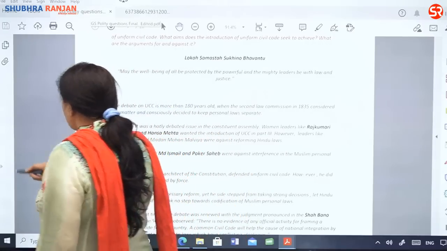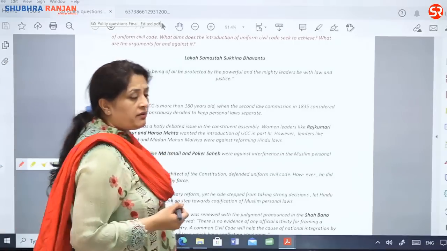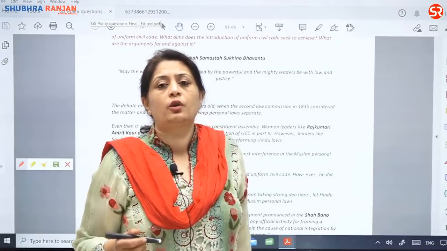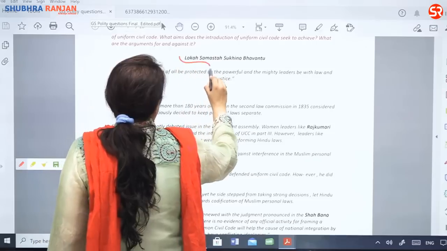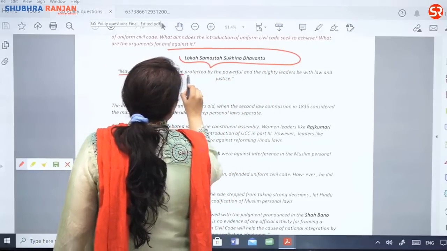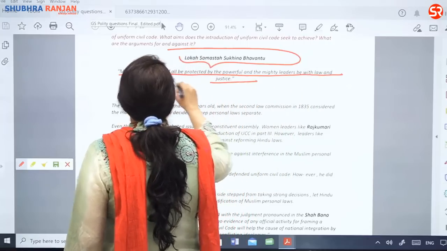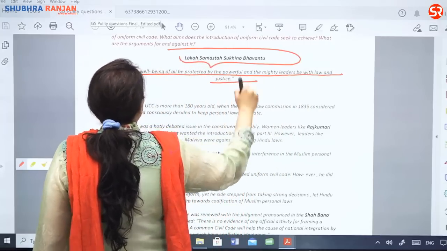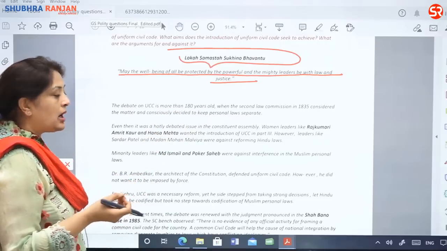Means the objective of the Uniform Civil Code, the objective of the reforms, is the well-being of all. This is embellishment. May the well-being of all be protected.